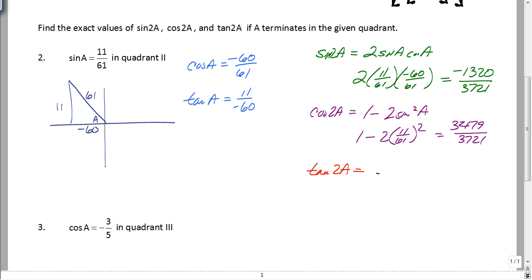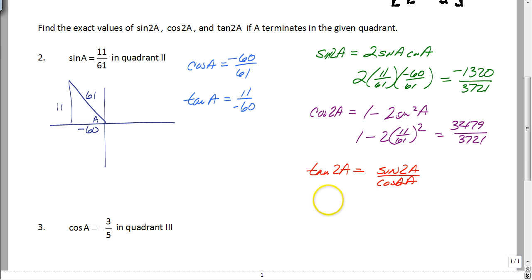And then the last step is to find the tangent of 2a. The tangent of 2a could be done with a formula, or you can just use your good old-fashioned identities that tangent is sine over cosine. So you can just do sine of 2a over the cosine of 2a. So we know that dividing fractions is the same as multiplying by the reciprocal.